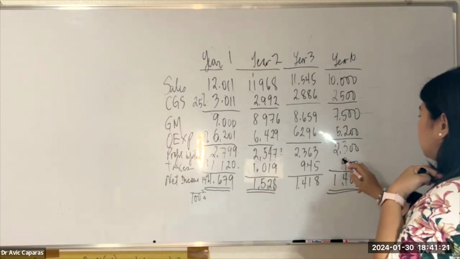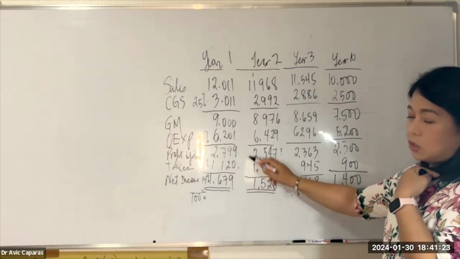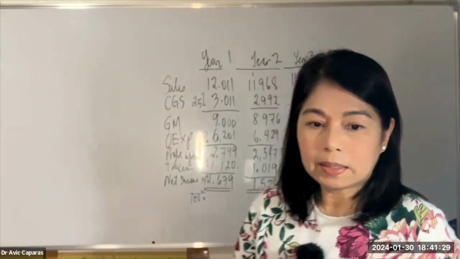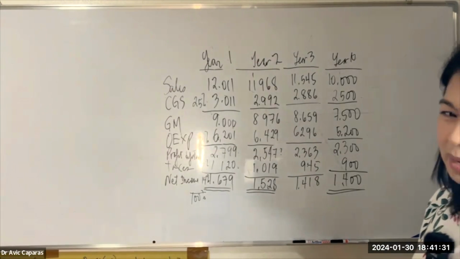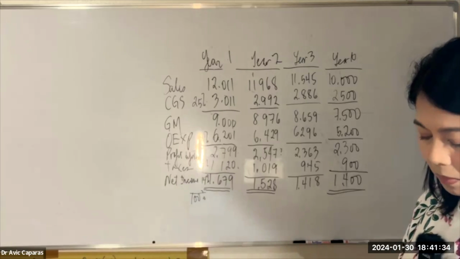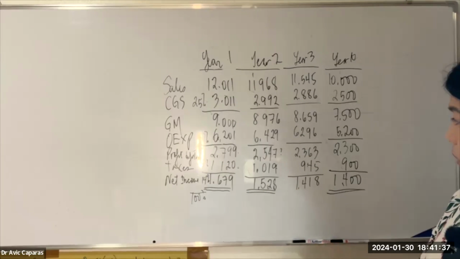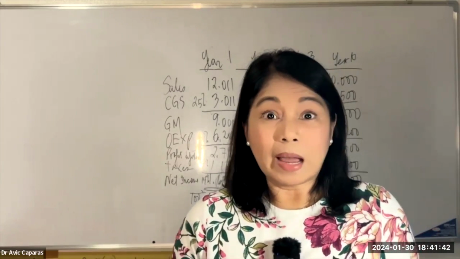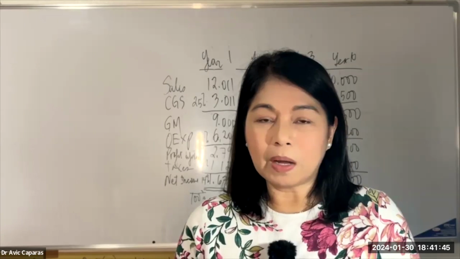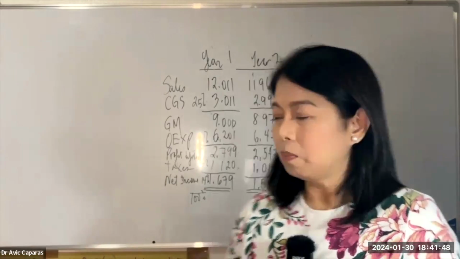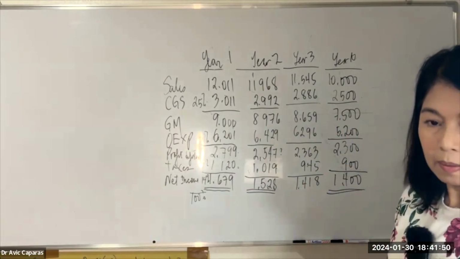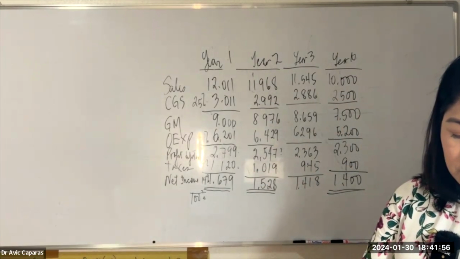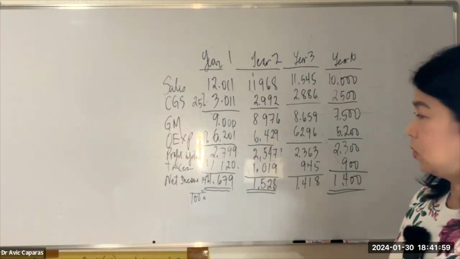Let us see. Yes, it has a pattern, like 40%. 1,120 divided by 2,799, 40%. So that is like the tax rate. 40% of the profit goes to taxes. In the last year, 900 divided by 2,something, 40%. Okay, so that's something that you learn.